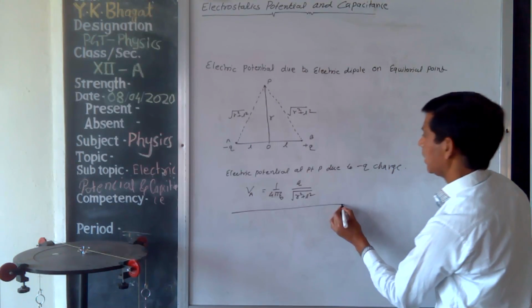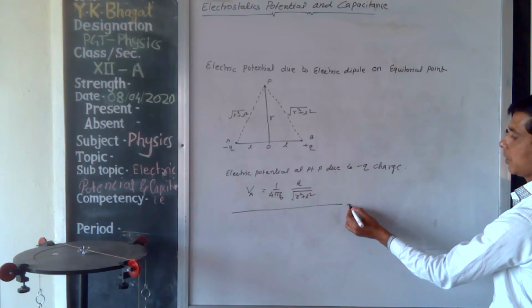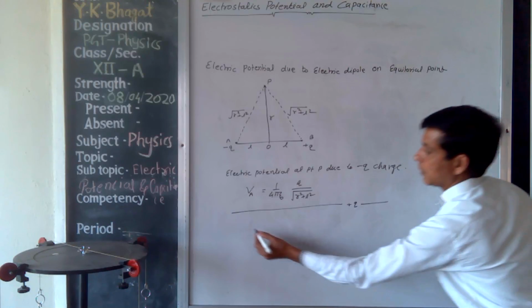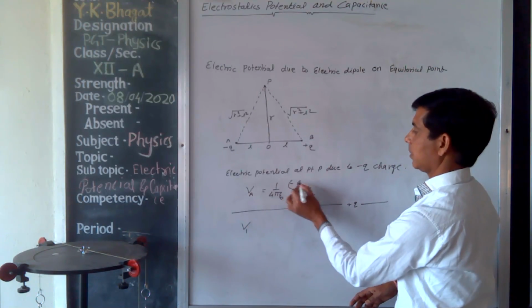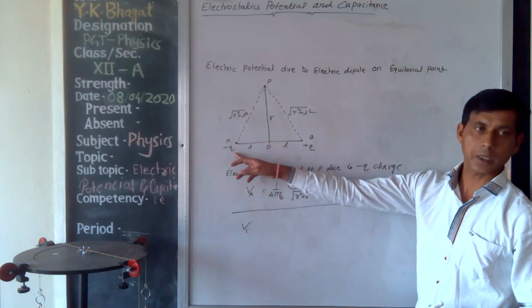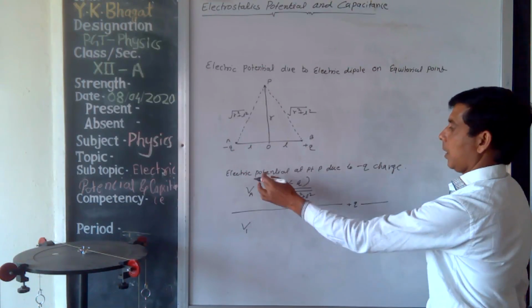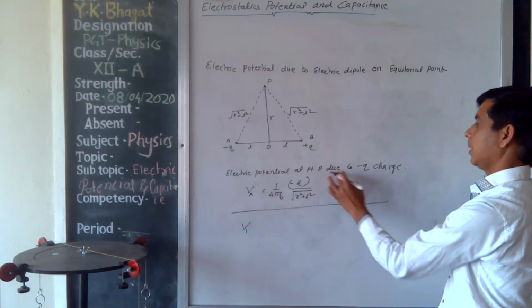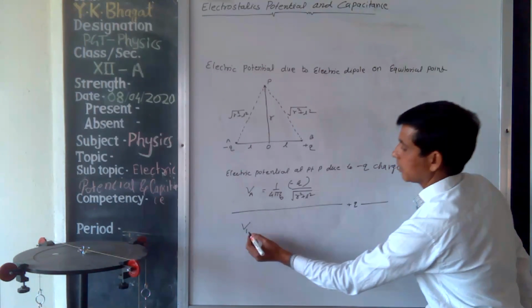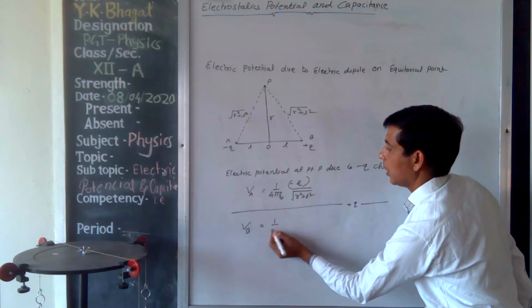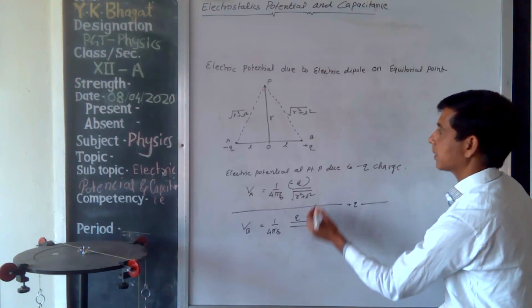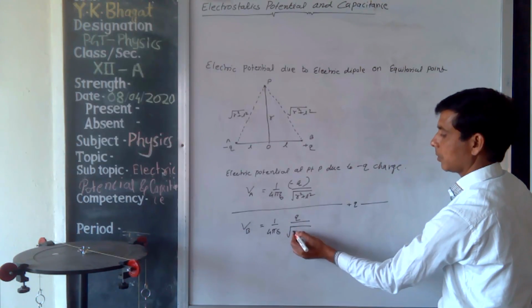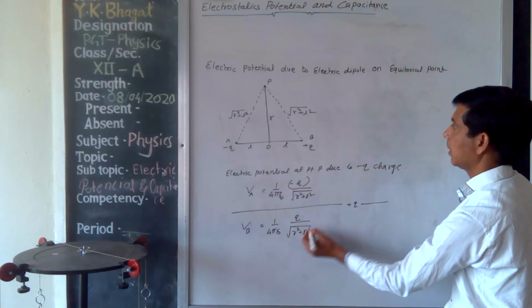Similarly, the electric potential due to the minus q charge becomes VA, with a minus sign taken due to the minus charge. Now electric potential at point P due to plus q charge, VB equal to 1 upon 4 pi epsilon naught q upon, again the same distance, root of r square plus L square.